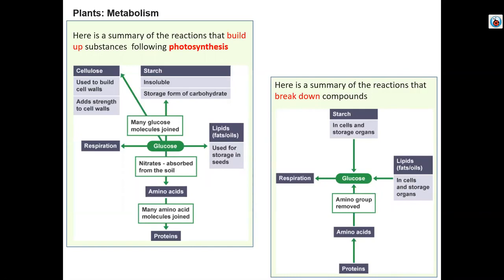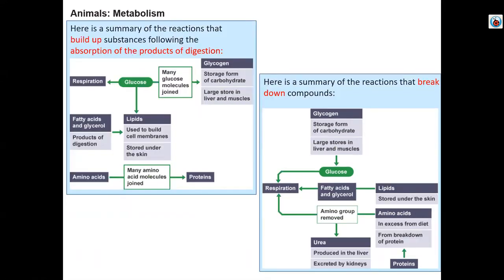So I've given you a summary of the reactions that build up substances following photosynthesis, but we went through this when we did bioenergetics photosynthesis. And we've also got a summary of the reactions that break down compounds. Okay, so all of these reactions, remember, are metabolism. Metabolism, sum of all the chemical reactions in an organism or cell.